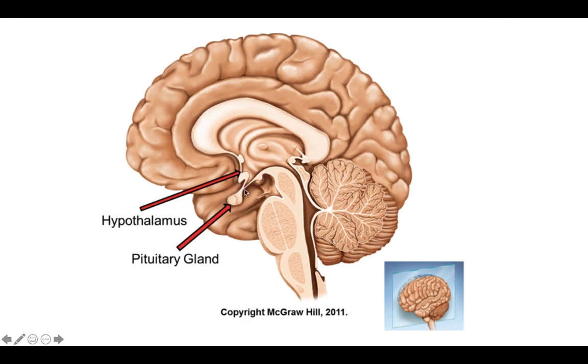It's encased in bone, so it's very well protected by the surrounding bone. And this is the pituitary gland. Your ADH is going to be produced in the hypothalamus, then it's going to migrate into the pituitary gland. It's going to be sitting there waiting to be released depending on the circumstances.